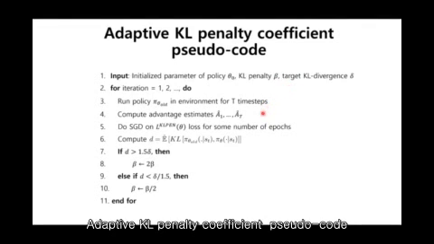After that, we compute the advantage estimates A1 to AT. Then we do stochastic gradient descent on this loss for some number of epochs. Then compute the KL divergence between the old policy and new policy. If the KL divergence is too high, the beta coefficient will increase. If the KL divergence is too low, the coefficient is decreased.